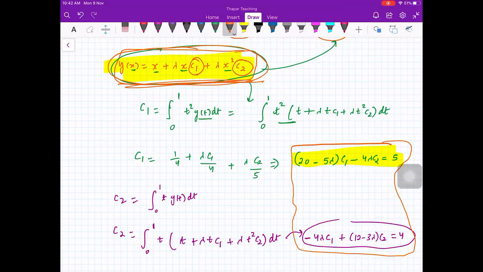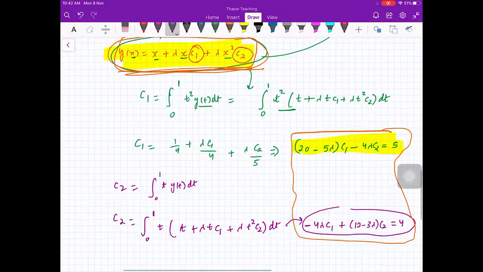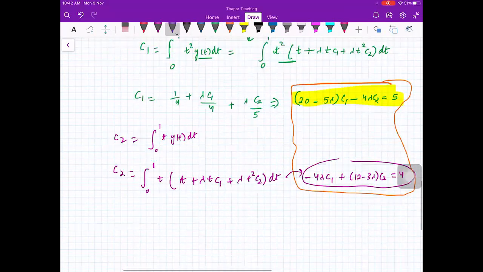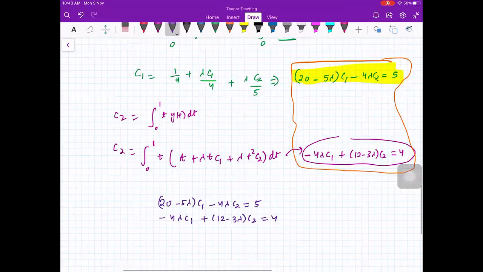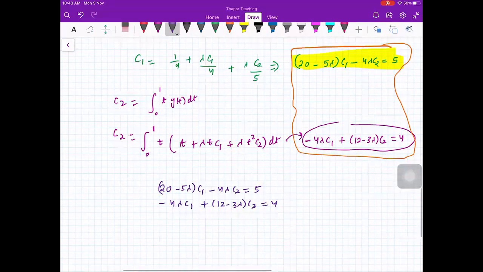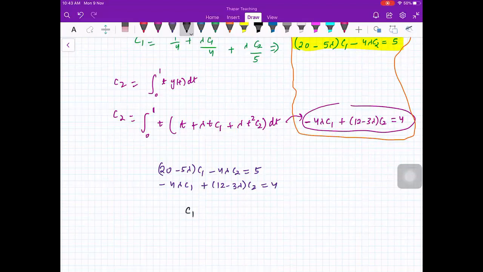Yes, ma'am. So now let us solve this system. This system of equations here is (20 minus 5 lambda) C1 minus 4 lambda C2 equal to 5, minus 4 lambda C1 plus (12 minus 3 lambda) C2 equal to 4. Now, if you solve this using Cramer's rule, you'll get C1 is equal to (60 plus lambda) upon (240 minus 120 lambda minus lambda square).